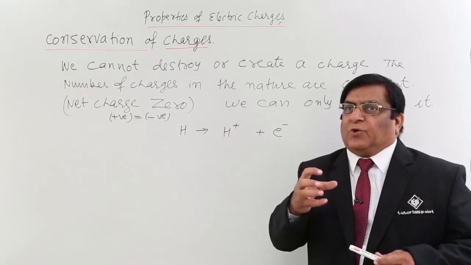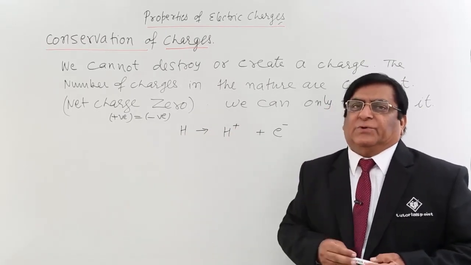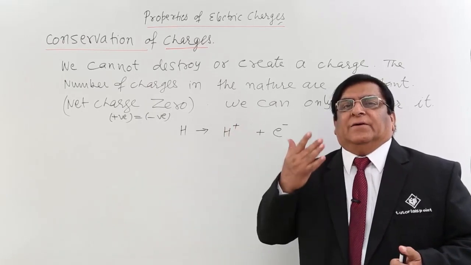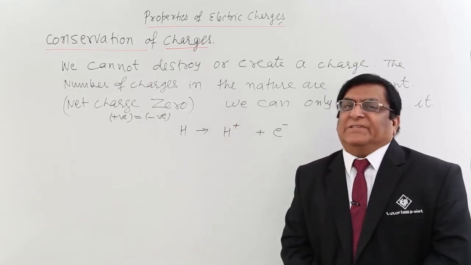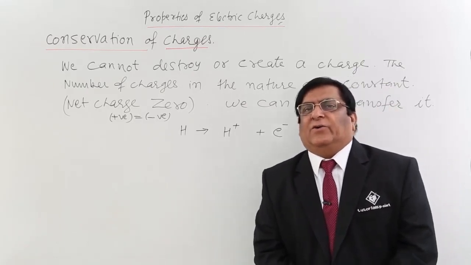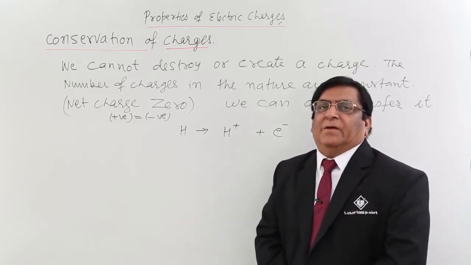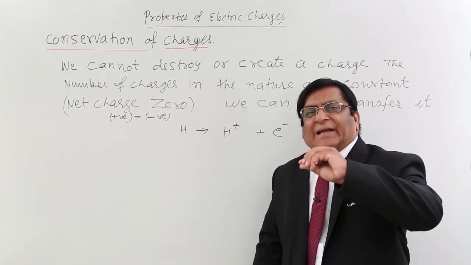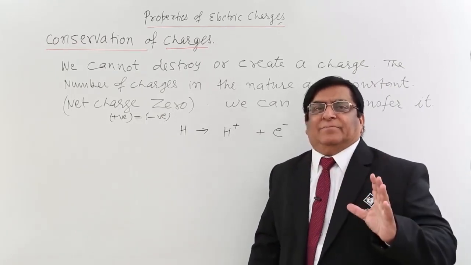Okay. This was the theory, this was the law for many years. But recently there have been certain changes. And the changes are according to Einstein's principle. Material, that is matter, and energy are the same.